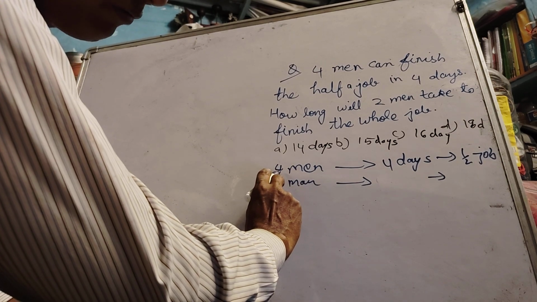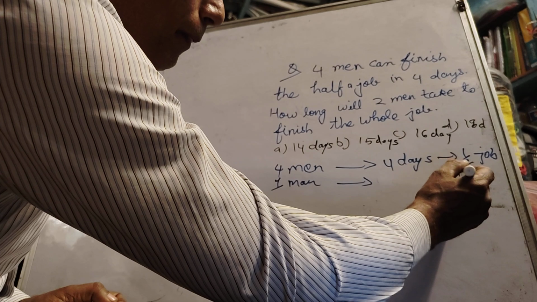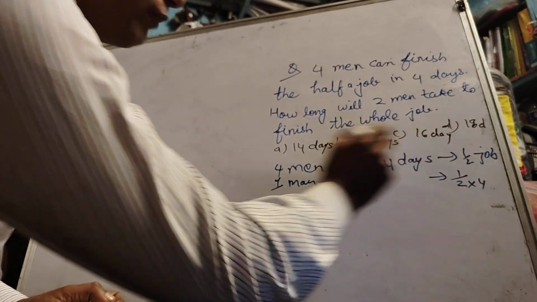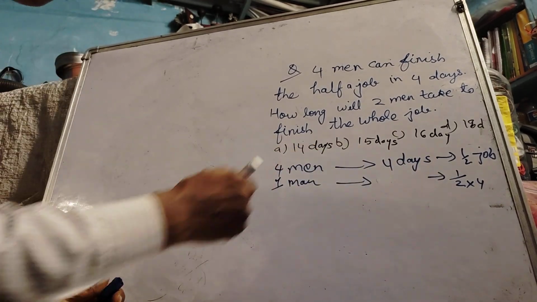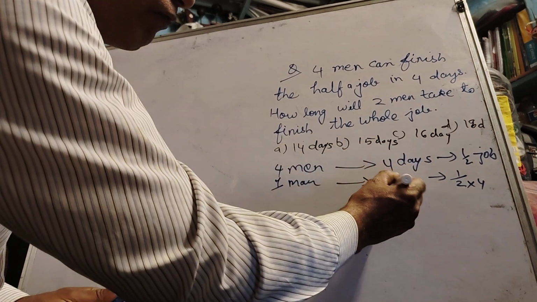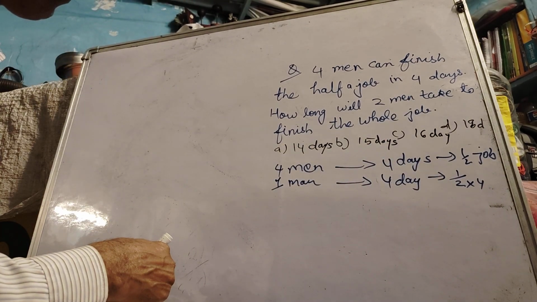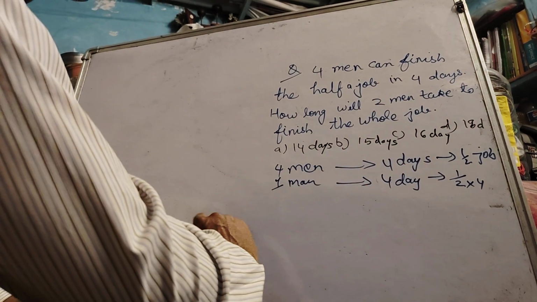Now 4 we multiply: 1 by 2 into 4. This 4 comes in the denominator. It means 1 by 8 of the job is done by 1 man in 4 days. In 4 days, 1 man completes 1 by 8 of the work. Or we can say 8 men in 4 days complete 1 job.